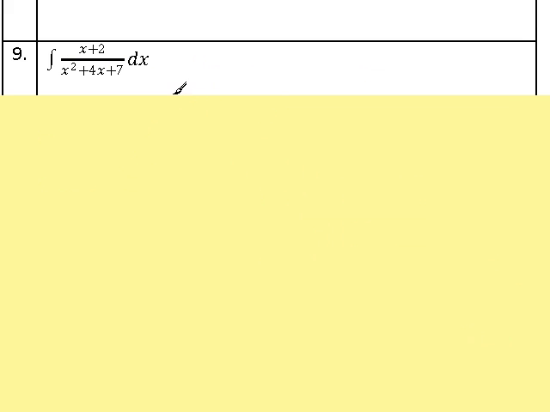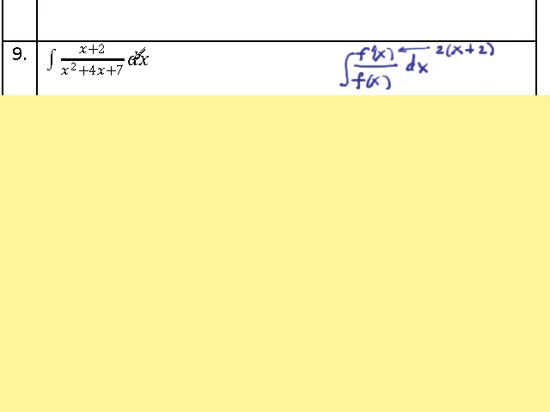And then number 9, we're also in that same situation pretty much. Function in the denominator, derivative in the numerator. Okay, let's see, what is the derivative of x squared plus 4x plus 7? Let me just say that the derivative is 2x plus 4, which is the same thing as 2 times x plus 2.